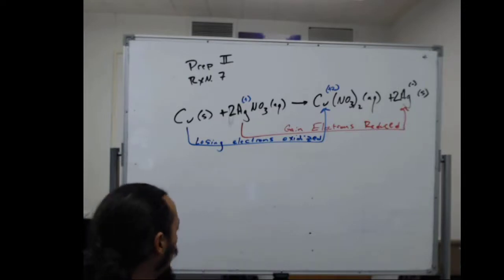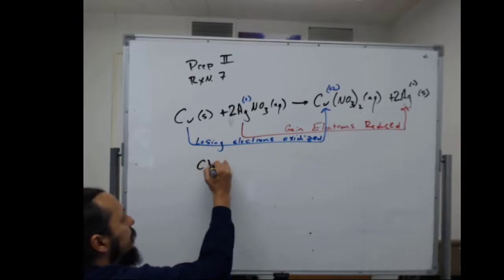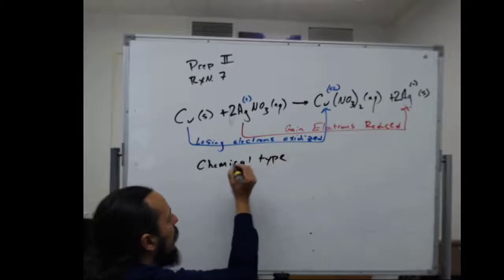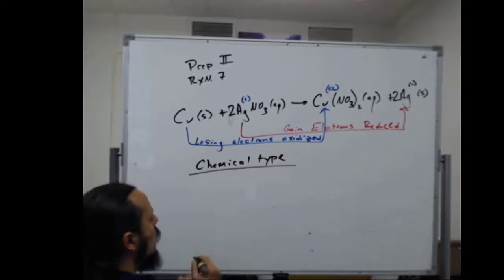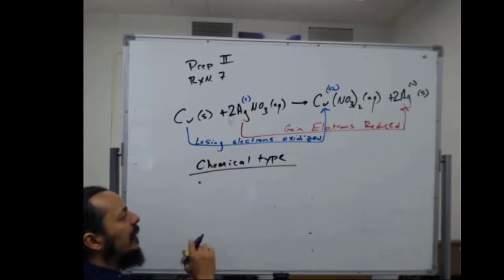The other thing that I want to point out, this was the other reason I really wanted to record this. Most of the time when we're asking about types of reactions, we're really focusing on the chemical type.